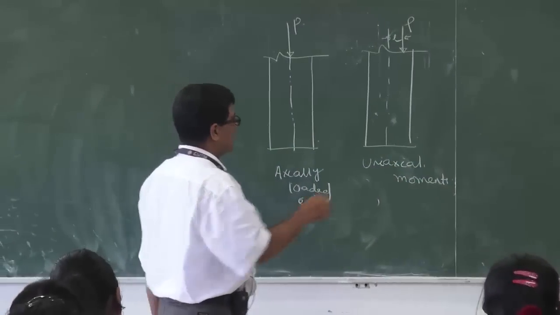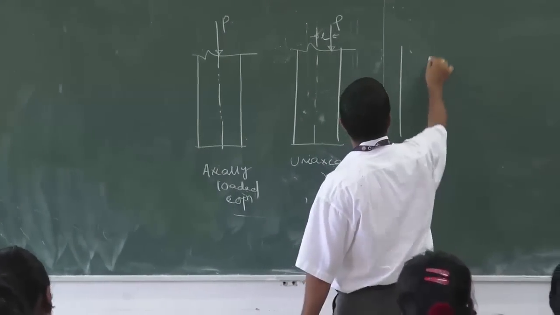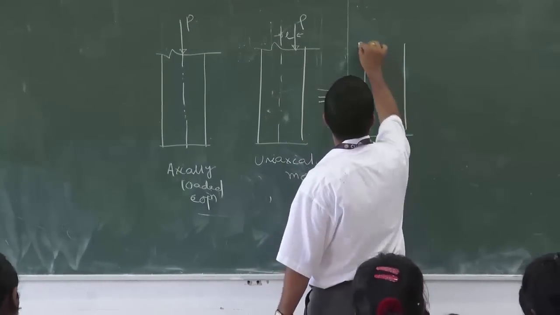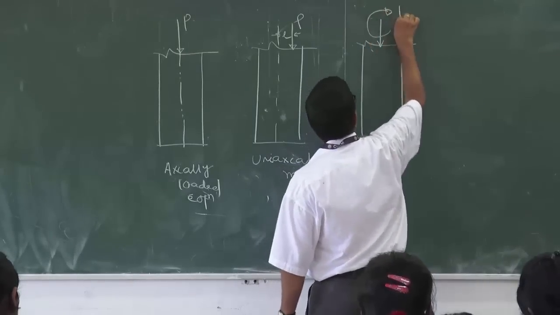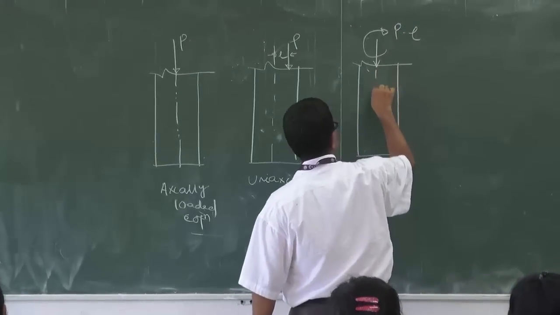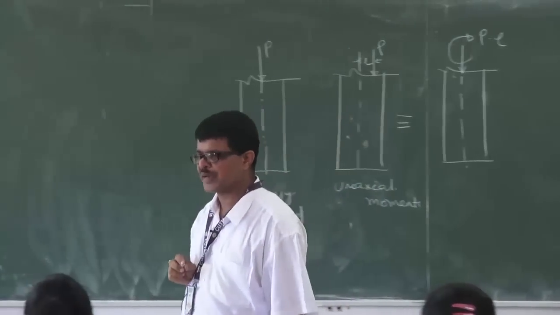This can be equivalent to one load acting here plus a moment P into e along the axis. So this is called uniaxially loaded columns or uniaxial moments.